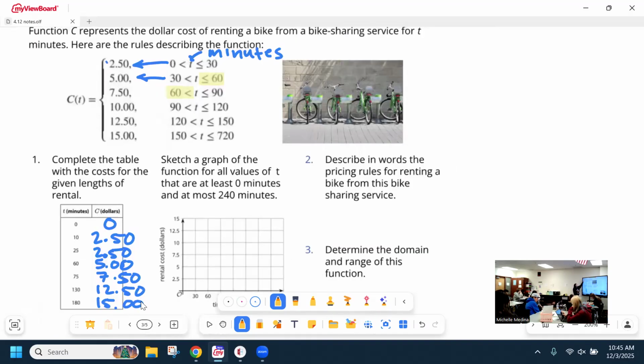So for each row, I should have a different segment on my graph. And we need to pay attention to our open versus closed circles. If it does not have a line underneath, is it open or closed? Open circle, if it does not have a line underneath the inequality symbol.